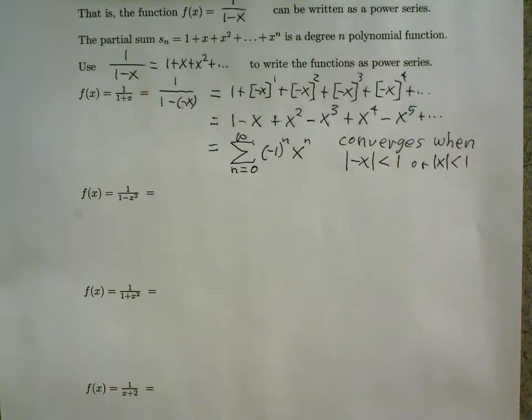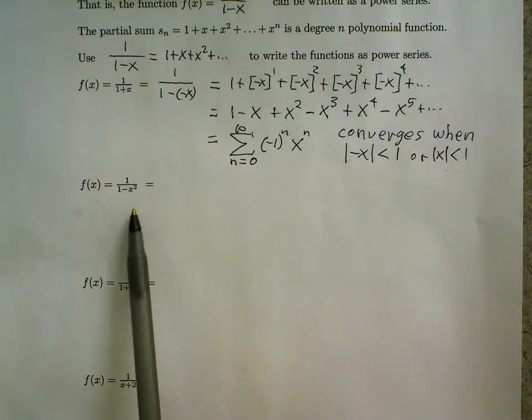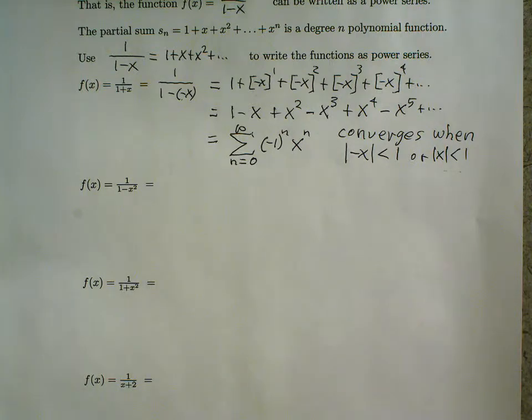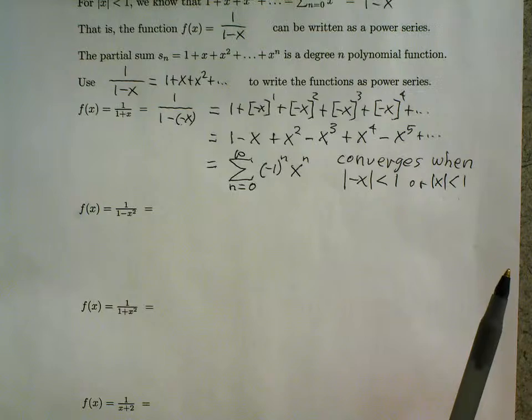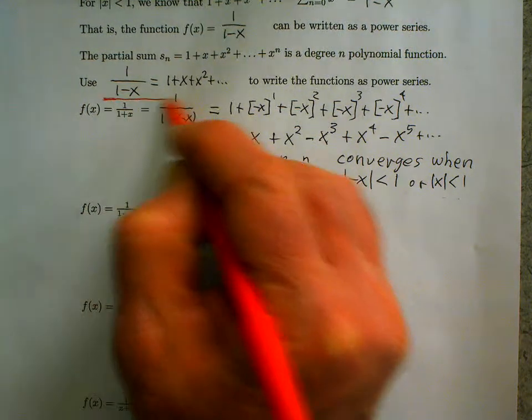Okay, well, now you know what to expect. Now we're just going to do a few examples. So what do you think we're going to do for finding a power series representation for this function, f of x equals 1 over 1 minus x squared? We're using this as our template.